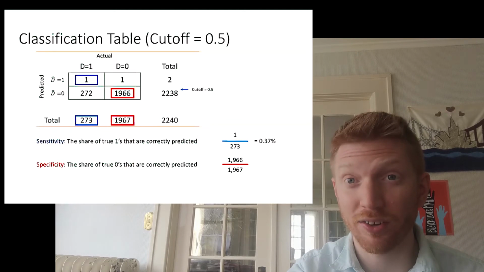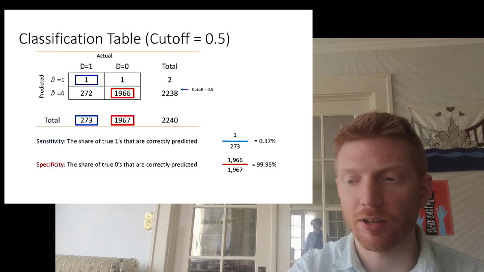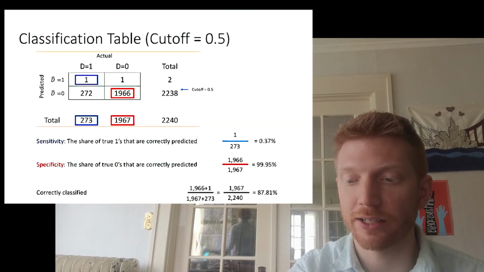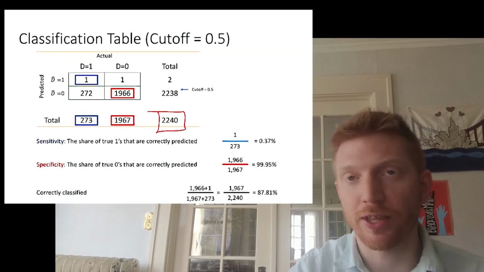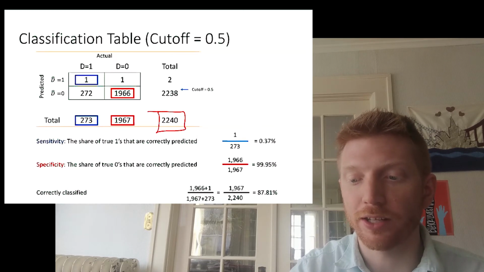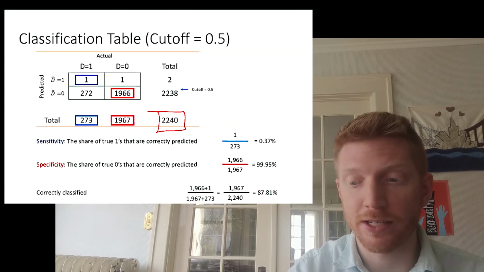So we had an incredibly high rate of specificity, 99.5%. The total correct is the sum of those that are correctly classified, divided by the full total number, so divided by 2,240 as the denominator. So the total correct with a cutoff of 50% is almost 88%.